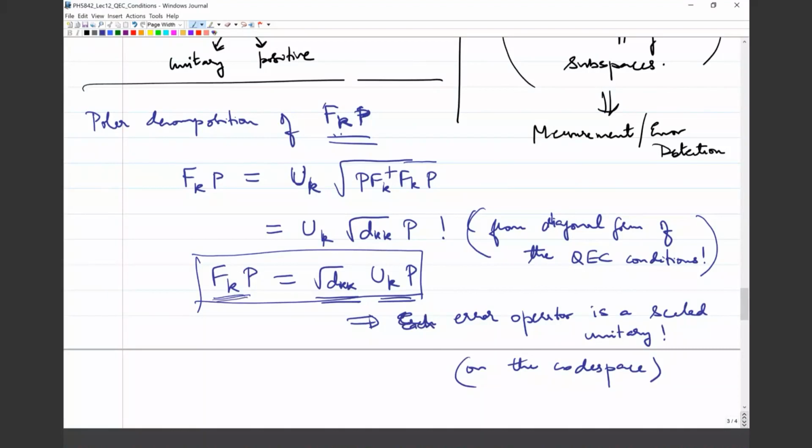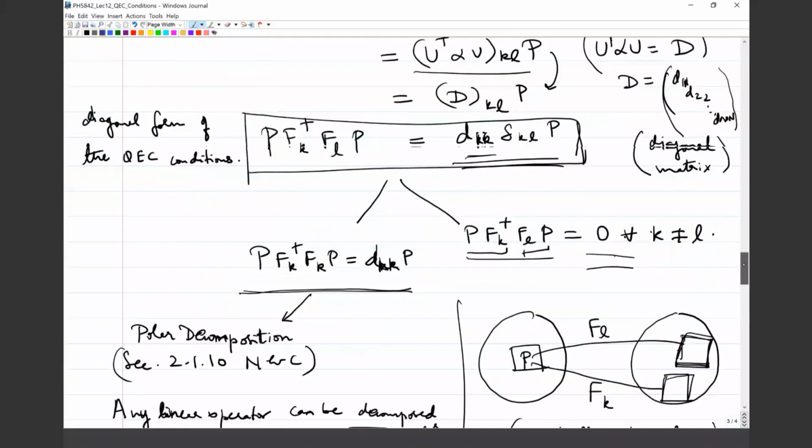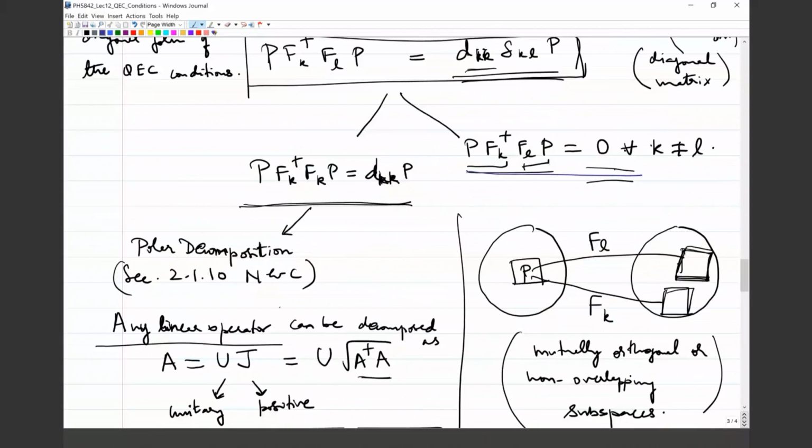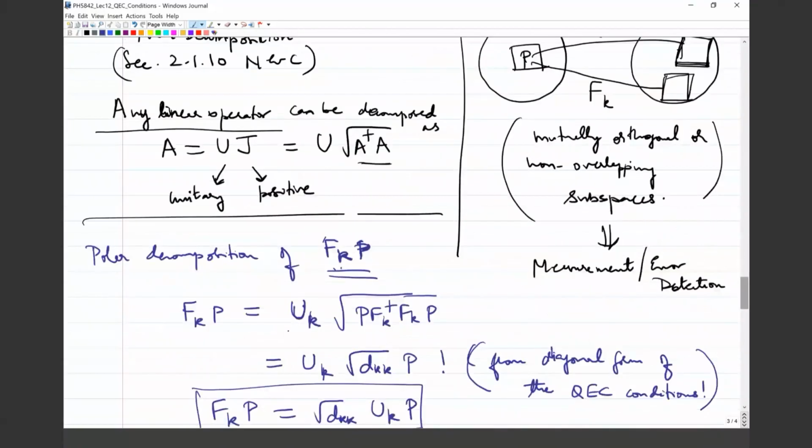So the diagonal form of the QEC condition, I've separated it into two parts. One tells me what happens when K is not equal to L. The other part tells me what happens for the same error operator. And for the same error operator, the polar decomposition tells us that the error operator is nothing but a scaled unitary on the code space.